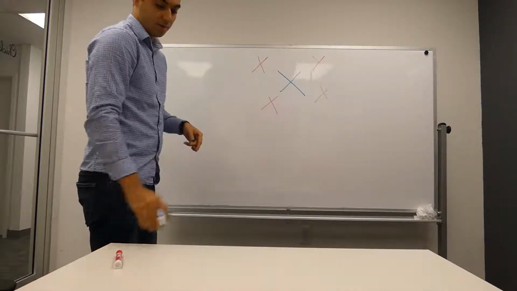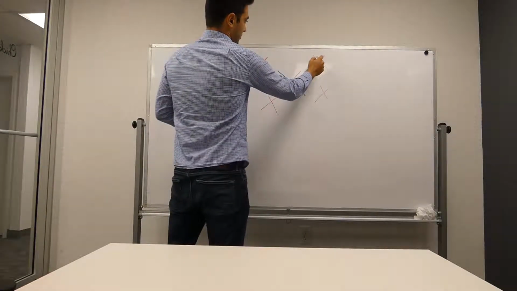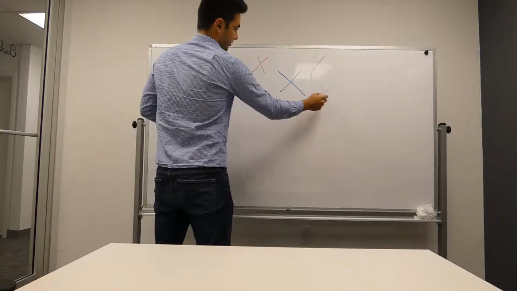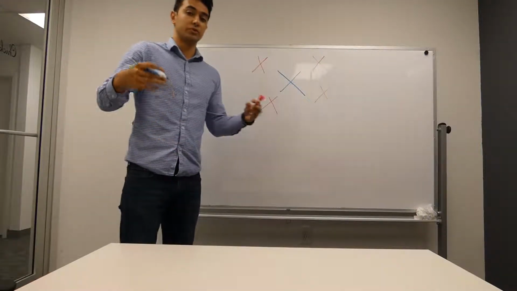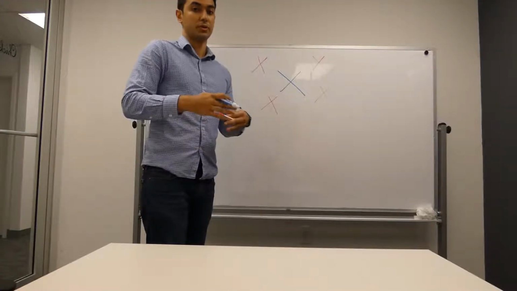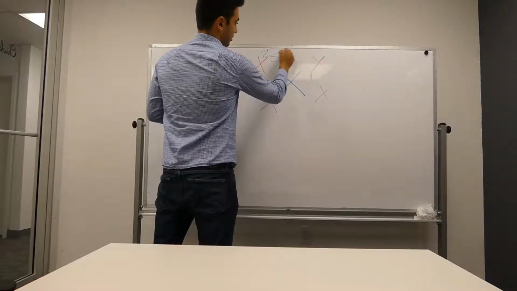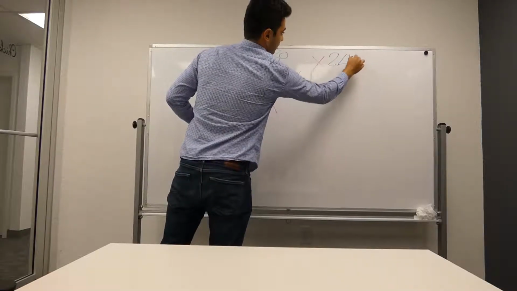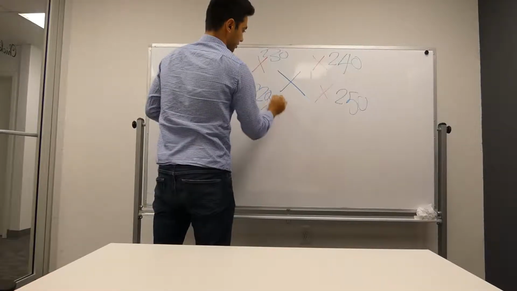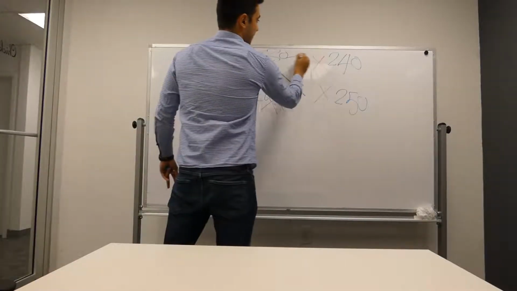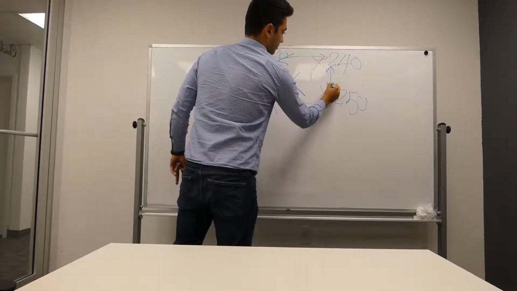So if this property is listed for $100,000, I want to see at least 4 comparables showing me how much this property would sell for after it's repaired. So we call it ARV, after repair value. So if this one is at 230, this one is at 240, this one is at 250, this one is at 220, then I get the average of these 4 properties, and that would be my ARV.